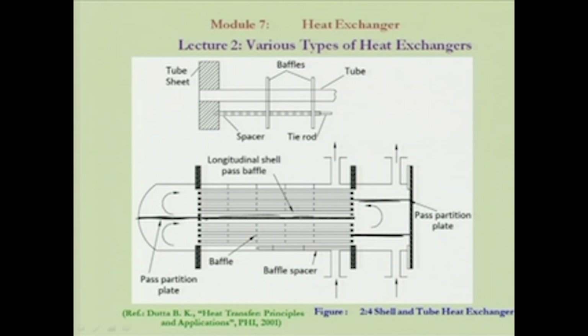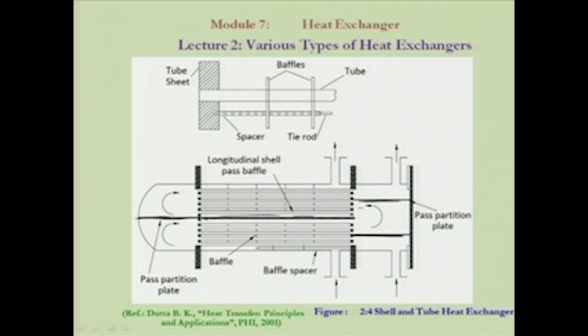The fluid comes from this side, and the tube side fluid crosses the heat exchanger 4 times. One fluid element enters from here, goes through like this, comes here, then enters again, goes like this and comes out.